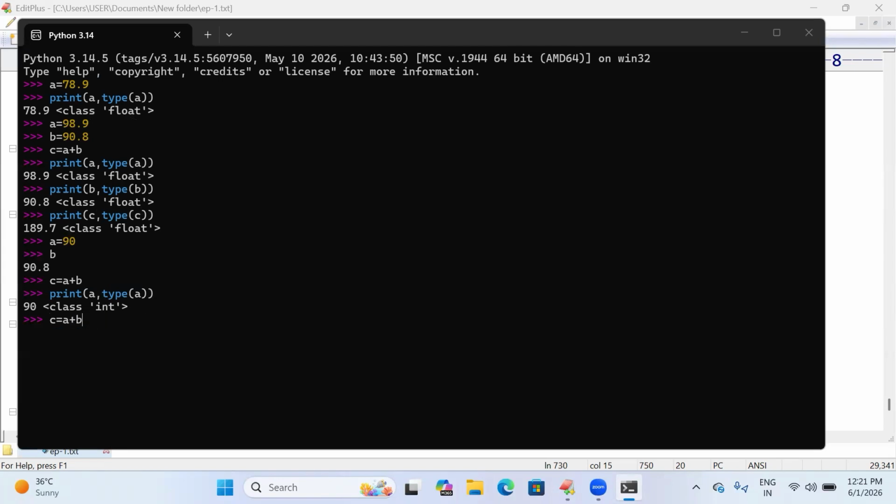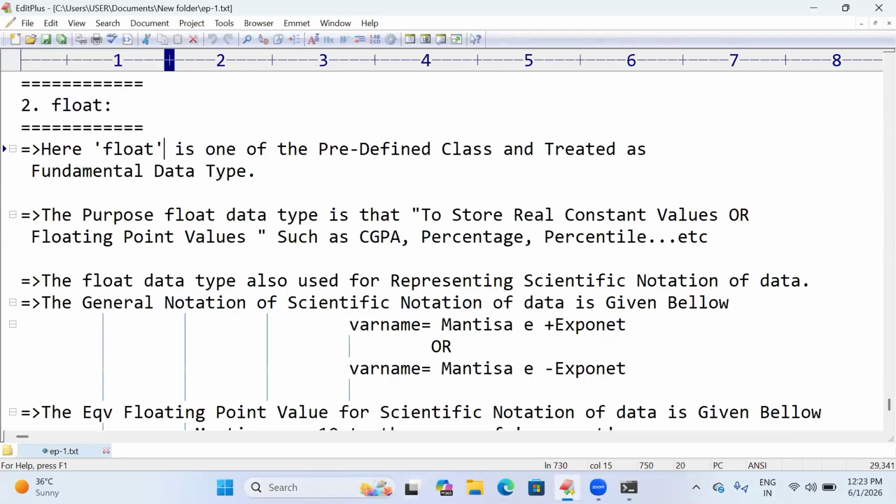Next I print B: 90.8 is the value of B, it comes under the float data type, and float is a class in Python. Now I print C. The addition of one integer value and one float value can be done using the float data type. Why? Because int is a subset of float, which is the theory part.